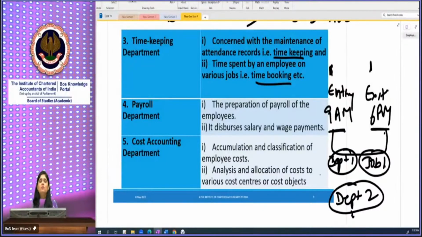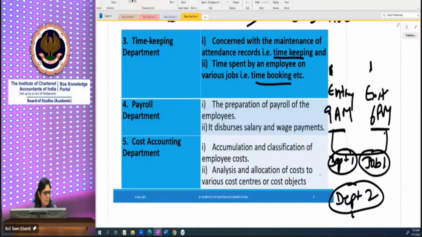The breakup of his time for the whole day is the time booking department's job. So timekeeping means just the entry and the exit. Time booking means what all he has done during the day while he was in the organization, how much time he has spent on various departments or various jobs. All right. I hope you have understood.